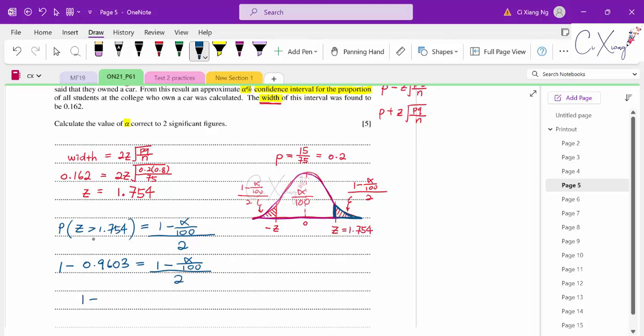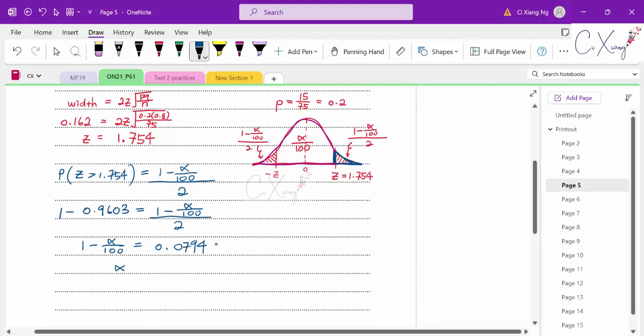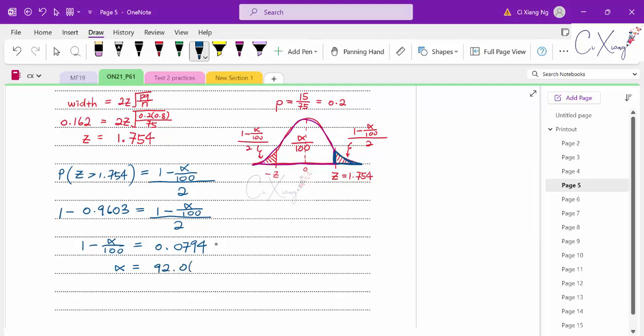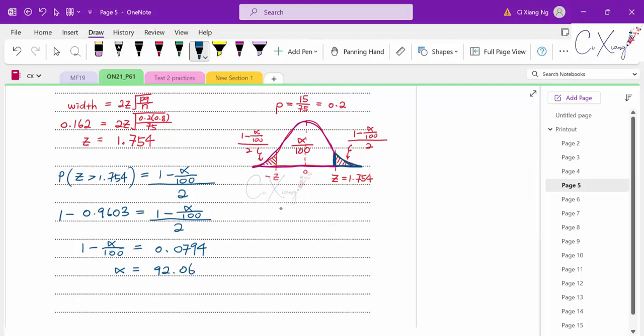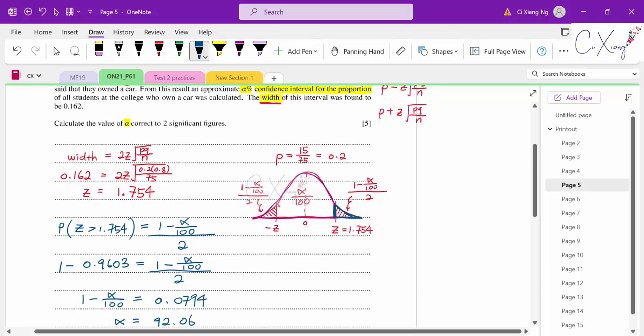So you're having 1 minus alpha over 100, bring the 2 over here, it becomes multiply. You should get 0.0794. Then simplify your alpha slowly. By right, you will get the answer, which is 92.06.